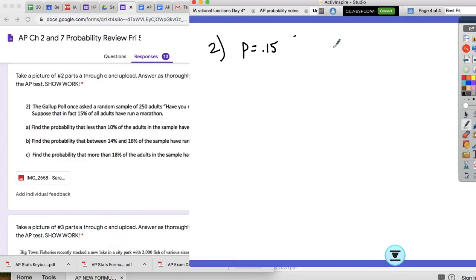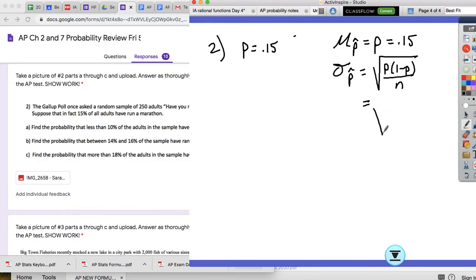The formulas we need: the mean of all of our sample proportions should equal the population proportion, which is what we were given. The standard deviation of our sample proportions is going to equal the square root of p times 1 minus p over n. In this case, p is 0.15 times 1 minus 0.15 over our sample size, which was 250 adults.